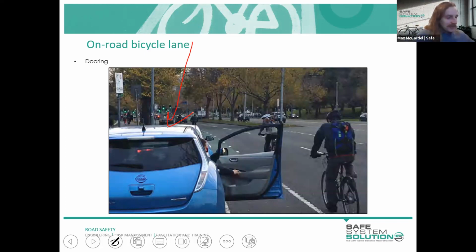I've got lots of friends that ride regularly but don't ride on road for the pure reason of not wanting to be next to or involved in a collision like this, which is understandable. So it can be enough to put people off riding altogether. So it's really important that we're implementing designs that remove that as a risk.